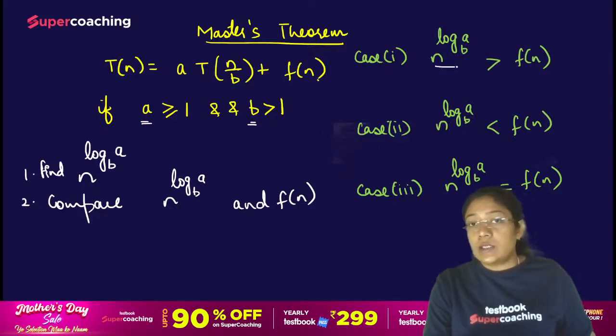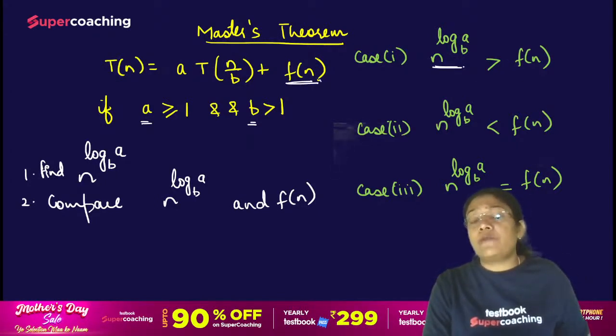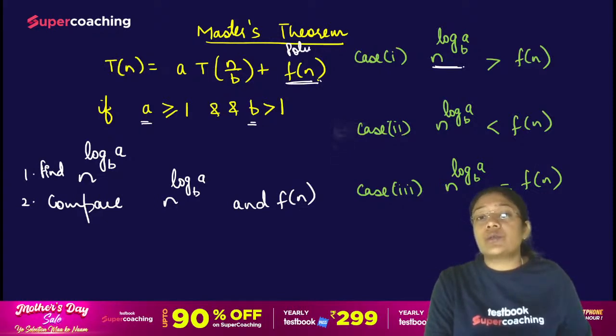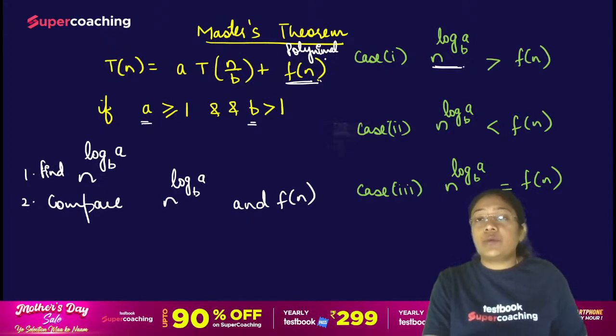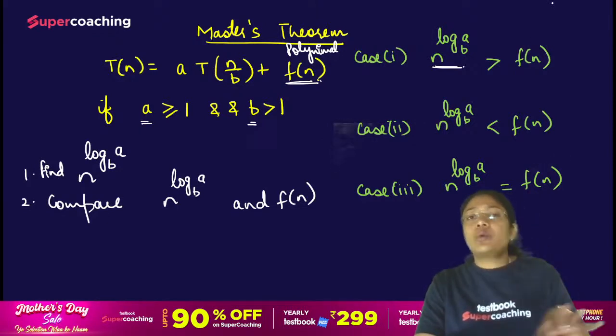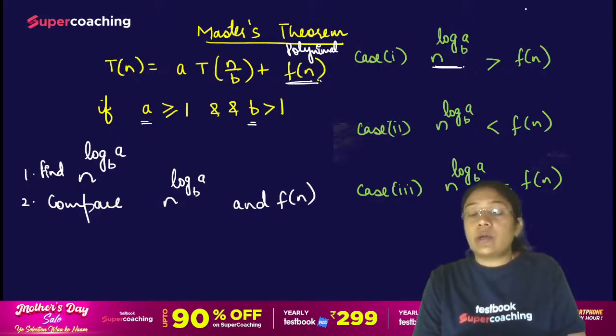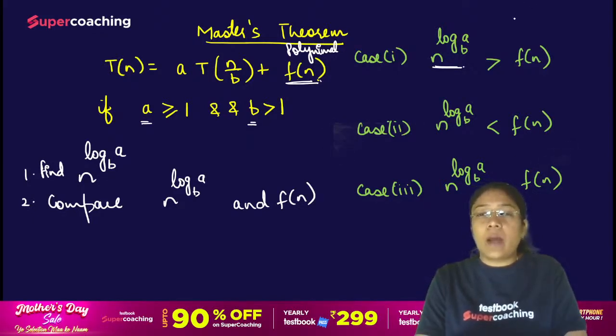Greater function is n raised to power log a, but definitely the basic master's theorem is saying that f of n is some polynomial function, so we have to consider the value and the difference should be some constant. दोनों functions के बीच में power में जो difference आएगा that should be constant, but I'm not going into that much depth. We'll be covering that when we'll be talking about the extended master's theorem. I'm just giving you the overview, okay? Otherwise it will be too much for today's session.